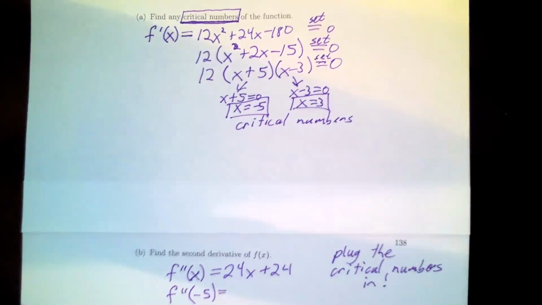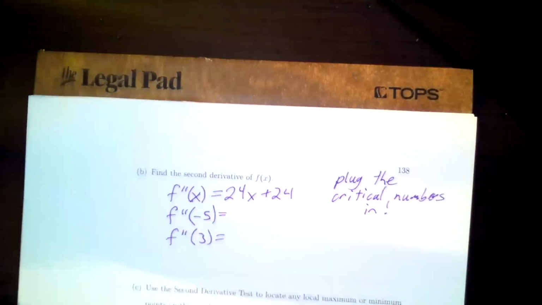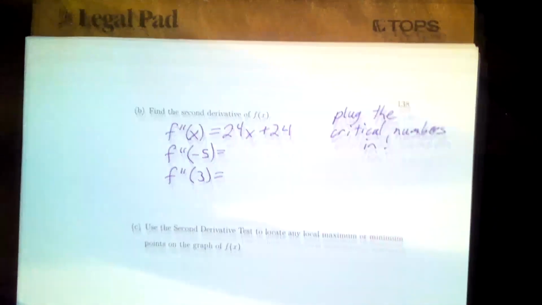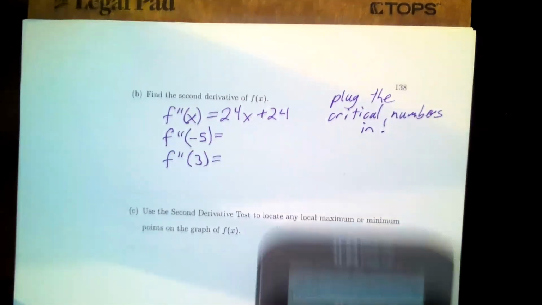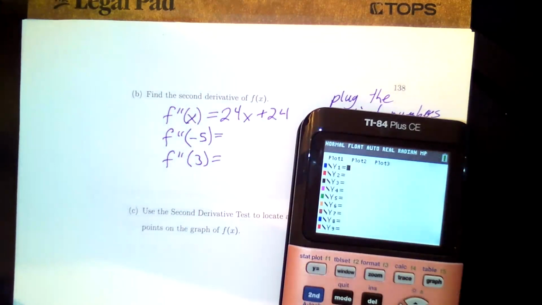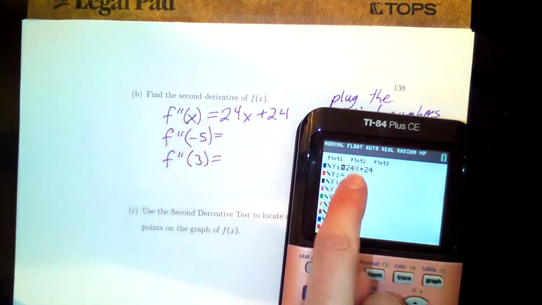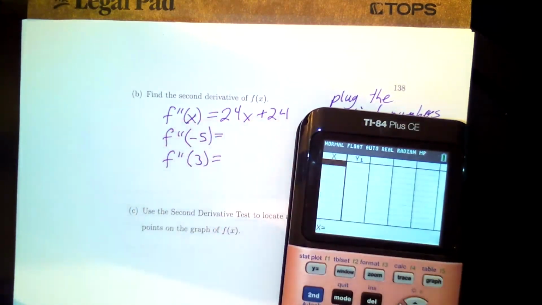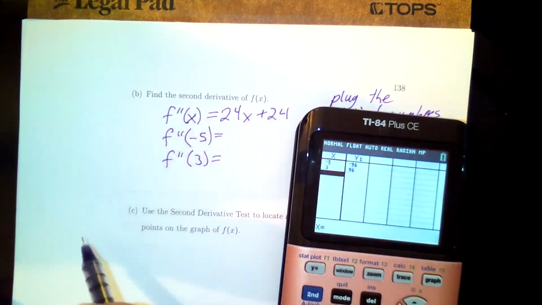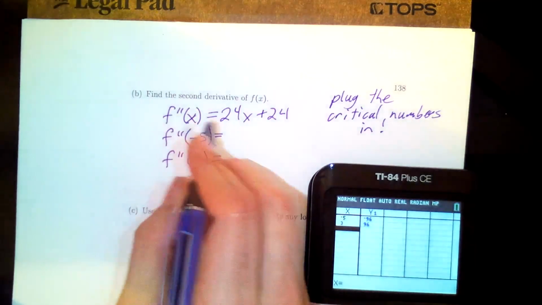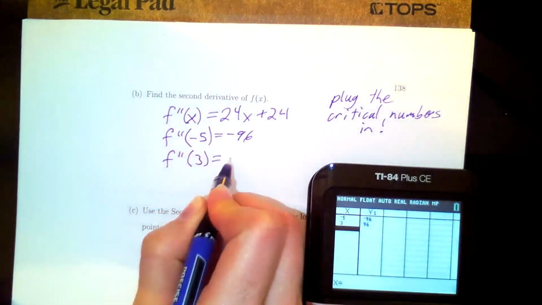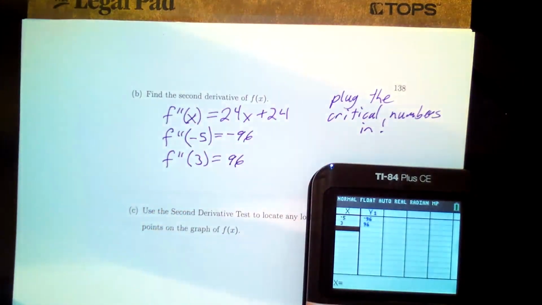Now I'm going to punch this in my calculator and see what I get. So f double prime is 24x plus 24, that's my second derivative function. And I want to plug negative 5 and 3 into the second derivative. So when I do that, I get negative 96 out and positive 96 out.